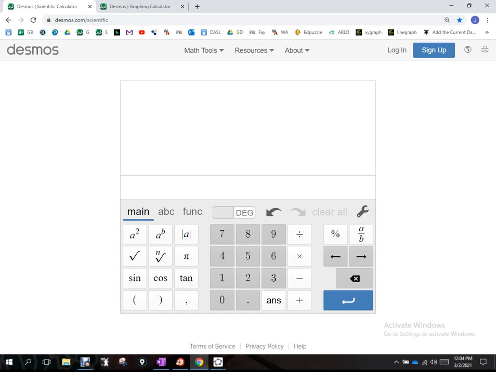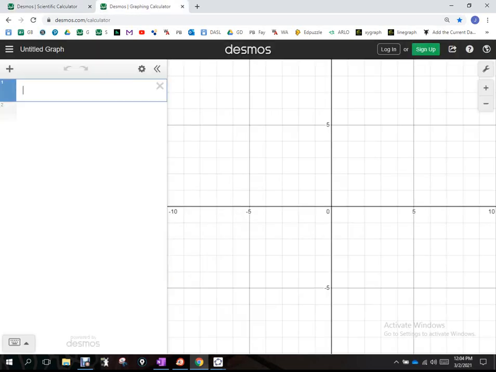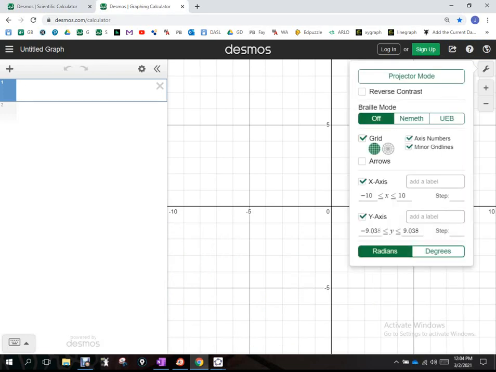So I want you guys to take your calculators and figure out right now, how do I go from radians to degrees? How do I make sure I'm in the right mode? On that version of Desmos, that's how you do it. On this version of Desmos, you have to hit the wrench over here. You see down here where it says radians and degrees, that's the toggle. I'm going to highlight the one that I want it to be in.